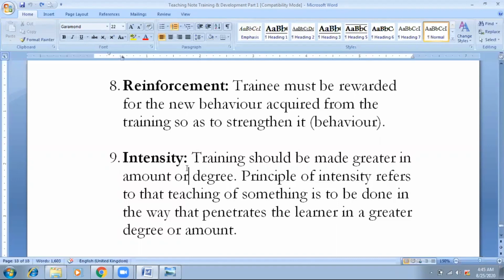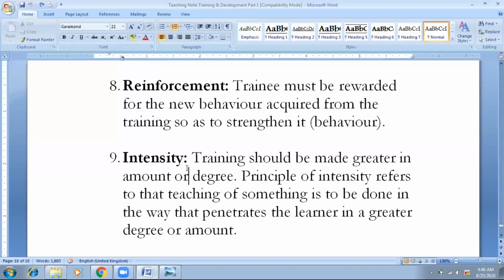Okay, if you take an example, right? Assume our training involves teaching about a machine. At level 1, we can give a description about the machine. At level 2, we can give a description about the machine by using several pictures of the machine.